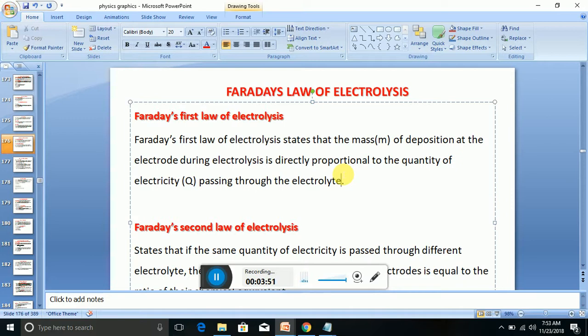So that is what the first law of electrolysis is talking about: the mass m of deposition at the electrode during electrolysis is directly proportional to the quantity of electricity Q passing through the electrolyte.